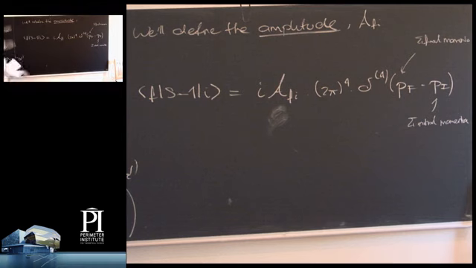And it's this thing here that we're going to call the amplitude, A_FI. There's a factor of i here. This factor of i is in some sense purely conventions, but it's there so that this amplitude agrees with similar things you would compute in scattering theory of non-relativistic quantum mechanics, which you've done already.